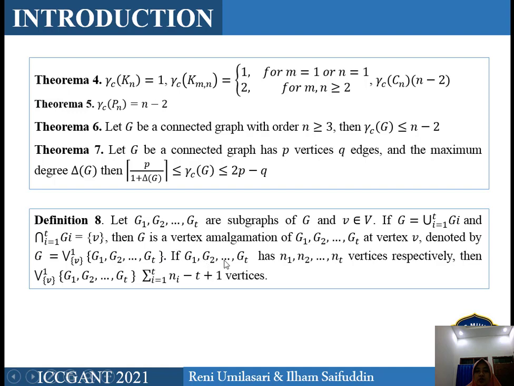If G1, G2 until GT have N1, N2 until NT vertices respectively, then the vertex amalgamation graph has N1 plus until NT minus T plus 1 vertices.